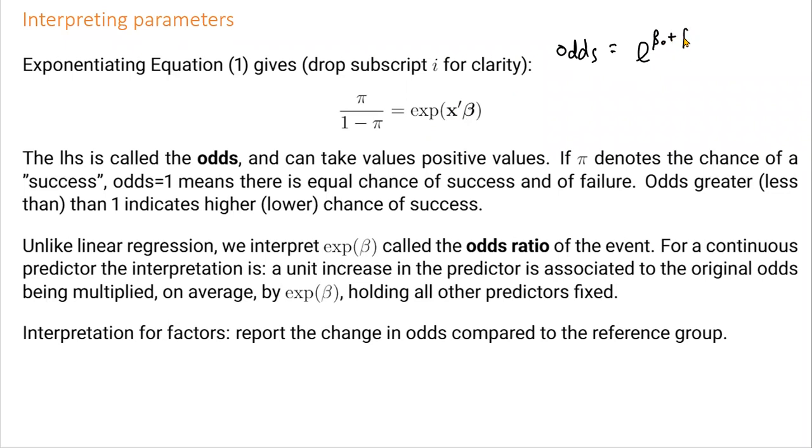Let's say we've got one covariate and it's continuous like this. So how about if X goes up by 1 unit? Then the new odds, let's call it subscript n for new, is going to be equal to, X goes up by 1 unit, so write that, which is going to be that.